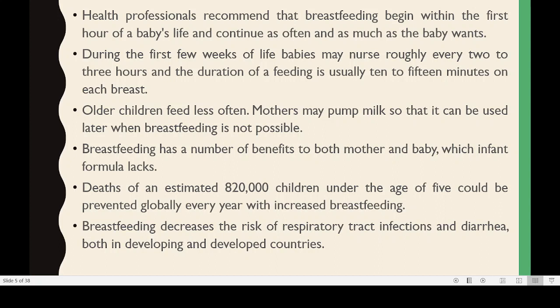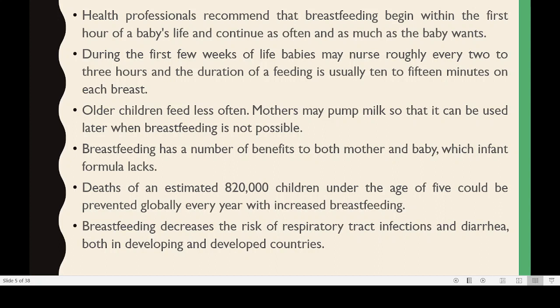The child identifies the mother during the first few hours, recognizing her by smell. So, in order to develop a close emotional bonding between the child and the mother, breastfeeding is promoted right from the very first hour after birth.